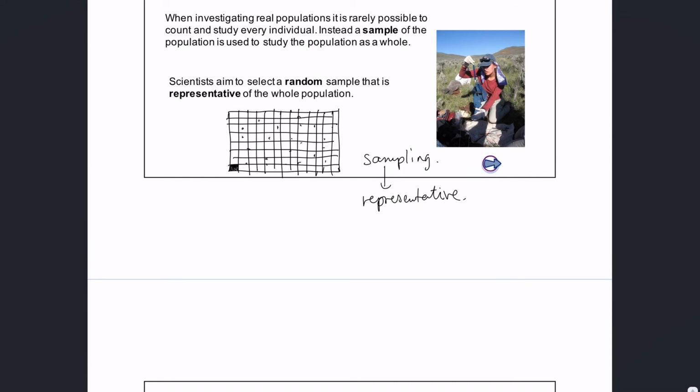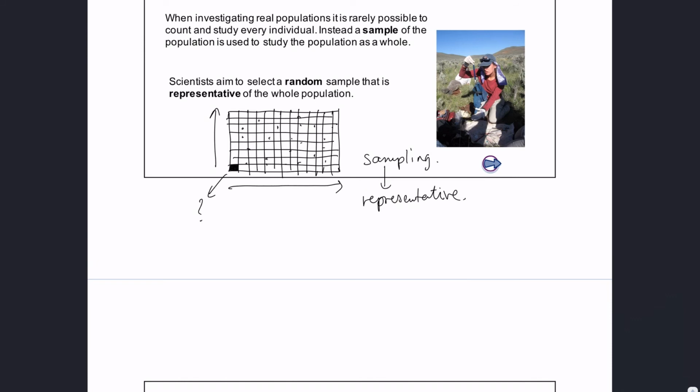Where there's dots, there's a particular species in this area, and I want an idea of how abundant that species is. If I took one quadrat, 50 centimeters by 50 centimeters, I could get some data from that quadrat and multiply that up by the factor and estimate what I would expect to see in the larger area.